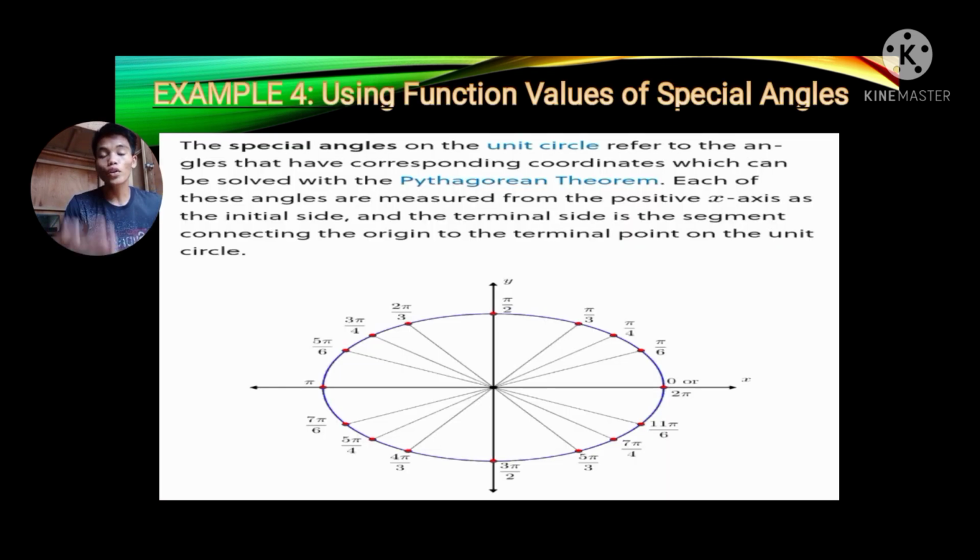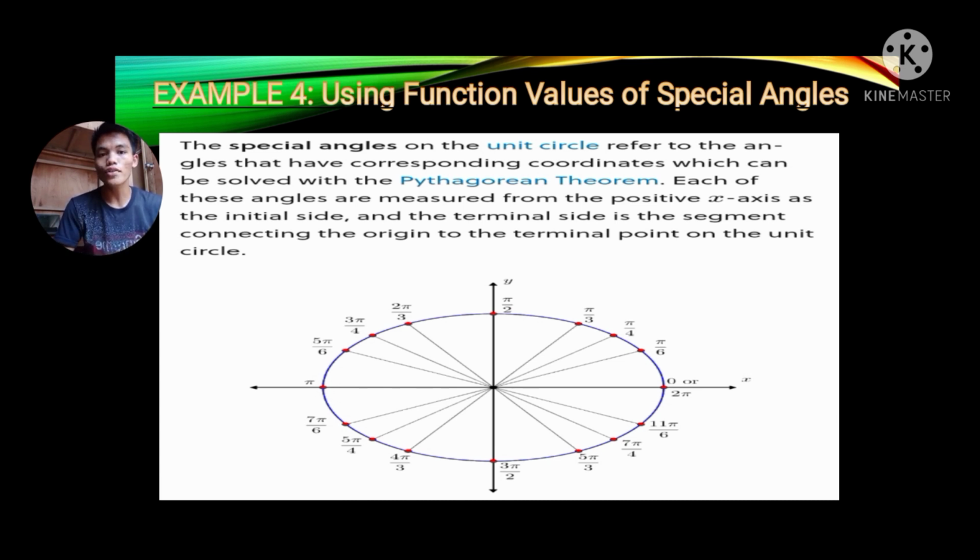But before we go on to our discussion of how we are going to use function values of special angles, let's find first what is the definition of special angles. As you can see, the definition of special angles on the unit circle refers to angles that have corresponding coordinates which can be solved with the Pythagorean theorem.